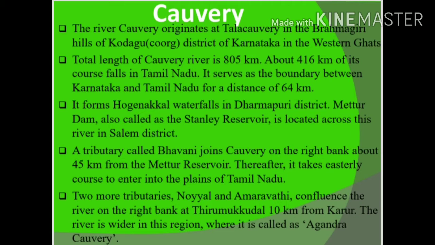You can see this place in Karur district. The river is wider in this region, where it is called Aganda Kaveri, meaning broad Kaveri, because of the connection of the three rivers.